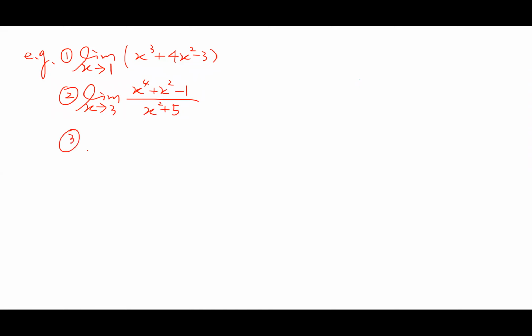And the third one, as x approaches minus 2, the square root of 4x squared minus 3. Here are some simple questions, try to tell me your answers as quickly as possible.